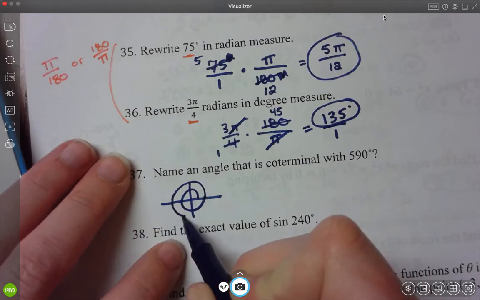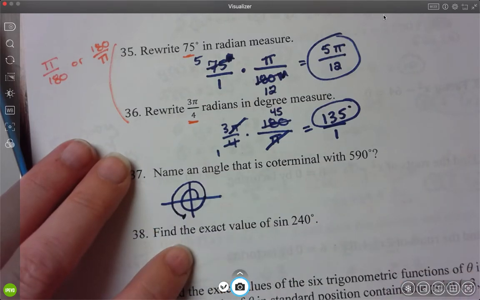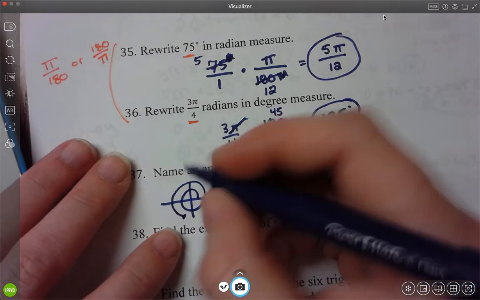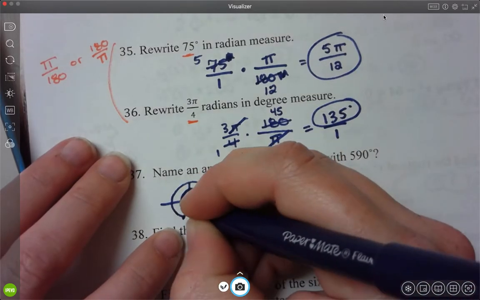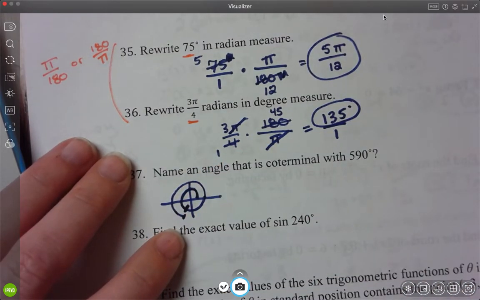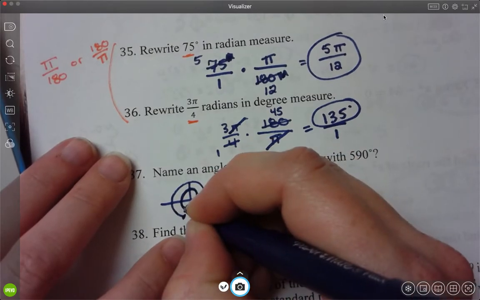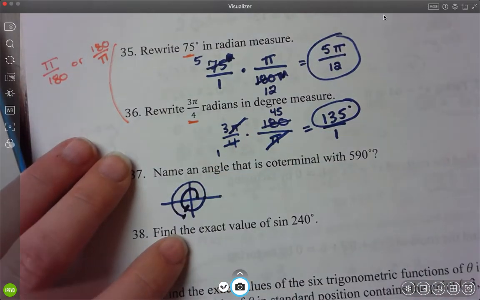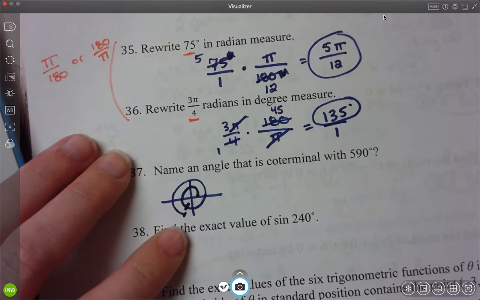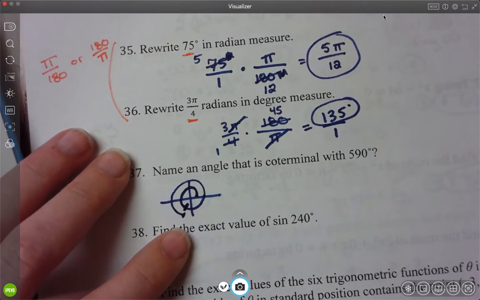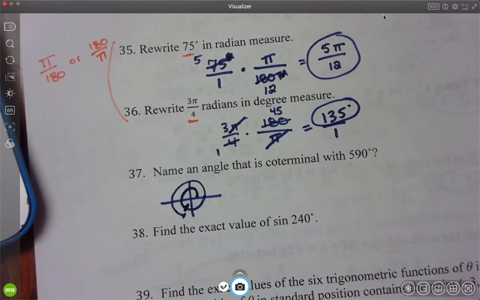Basically that's the same as if I had just gone from here to here, instead of flipping around twice to get that angle right there.